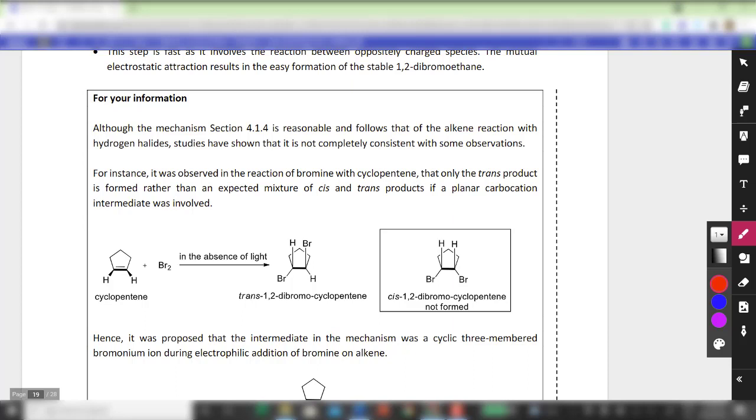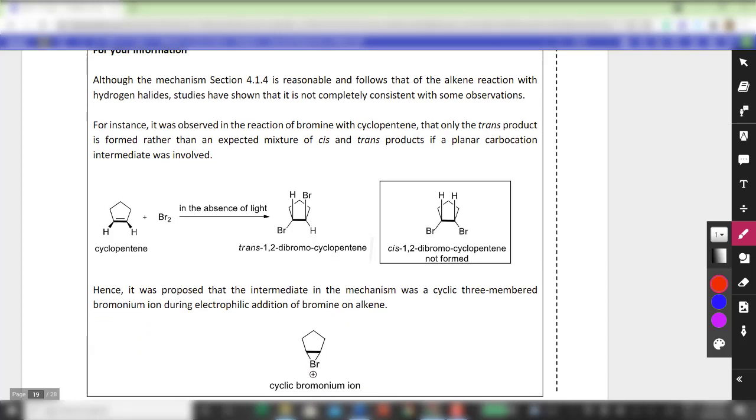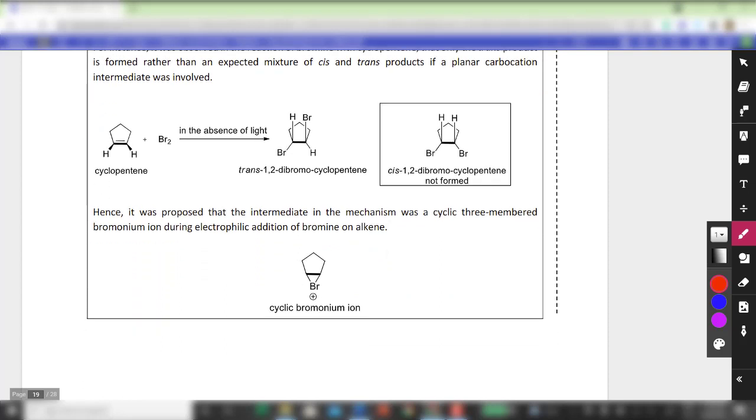They actually realized that the electrophilic addition of bromine undergoes the reaction via an intermediate which is uniquely looking. It's known as a cyclic bromonium. This is something that we are probably not going to go through in H2, but I think it is worth mentioning.